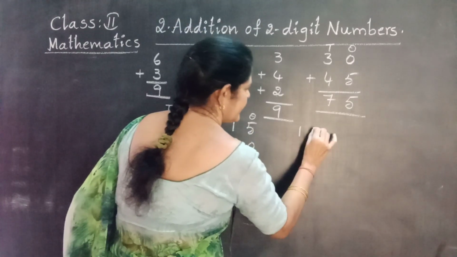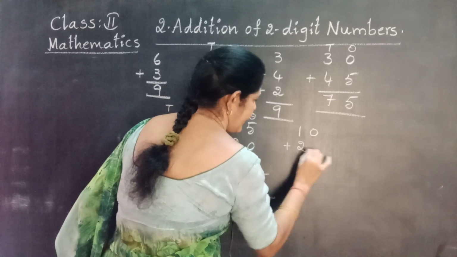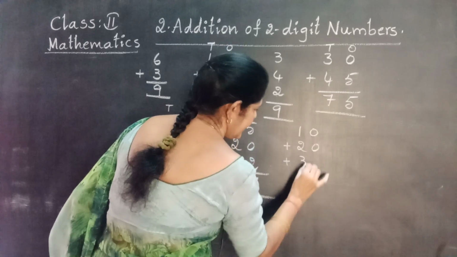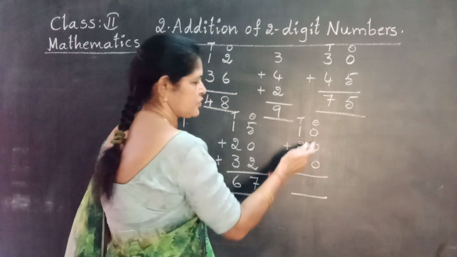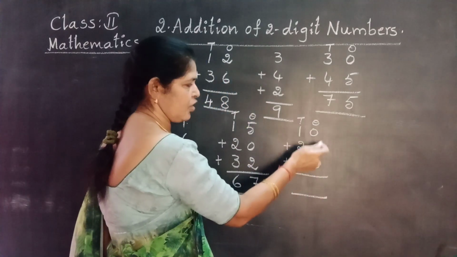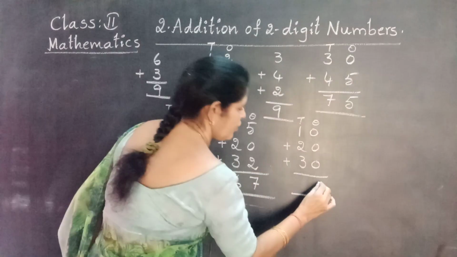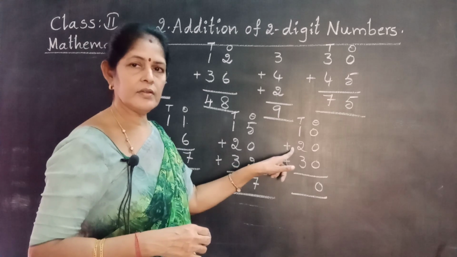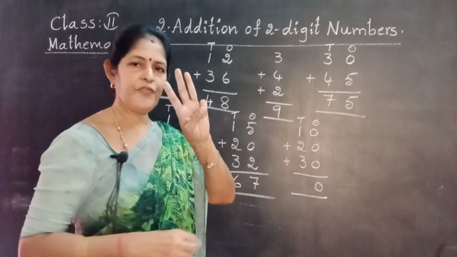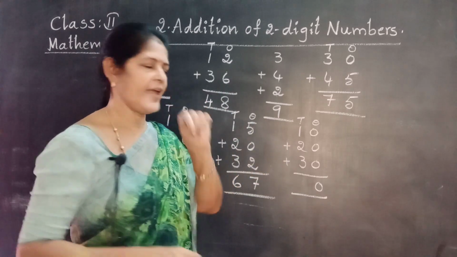Another one. 10 plus 20 plus 30. Ones place, tens place. The ones place has all 0s. 0 plus 0 plus 0 is 0 only. Now adding tens. 1 plus 2, 3. Take 3 fingers, 3 after: 4, 5, 6.